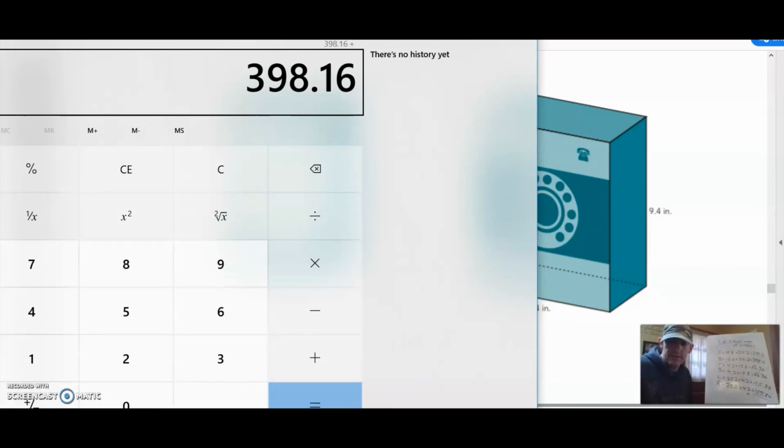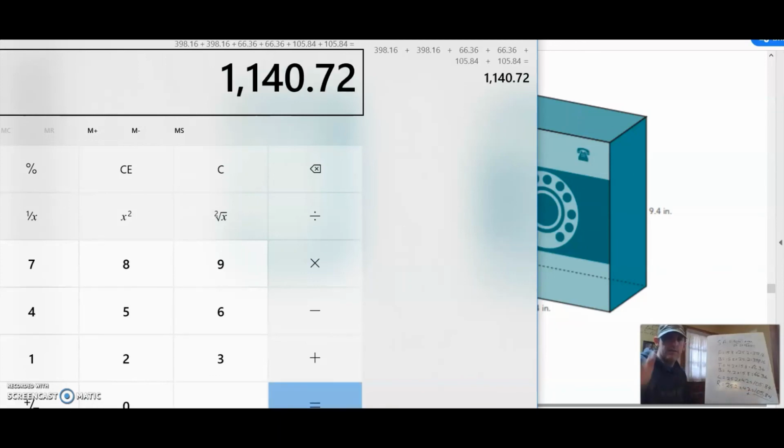Adding all the numbers together. Typing them all in carefully. There we go. There's our answer: 1,140.72.